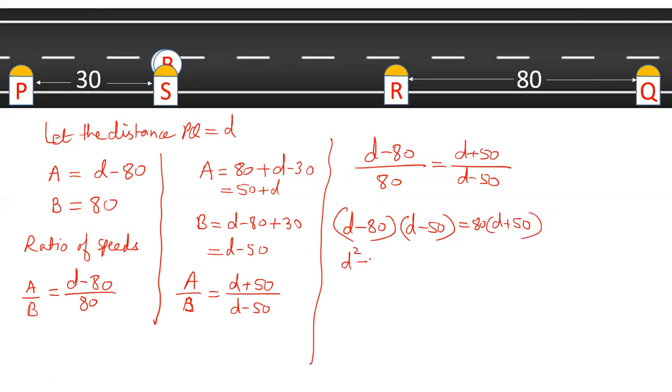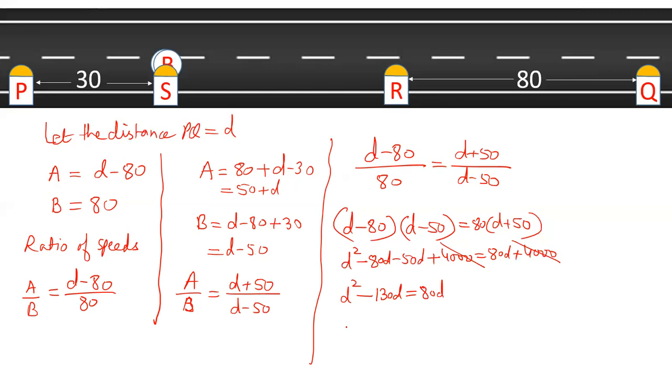This will be D square minus 80D minus 50D plus 80 into 50, which is 4000. 80 into D is 80D. 80 into 50 is 4000. 4000 cancels out. Minus 80 minus 50 gives us minus 130D.